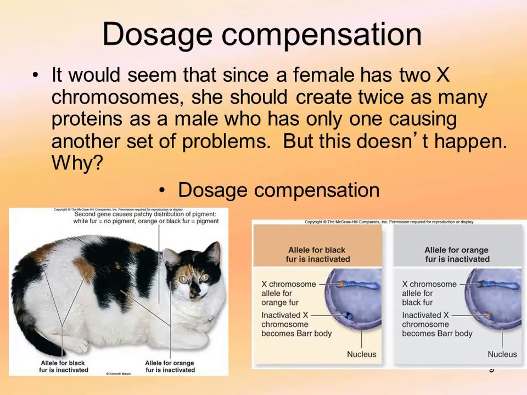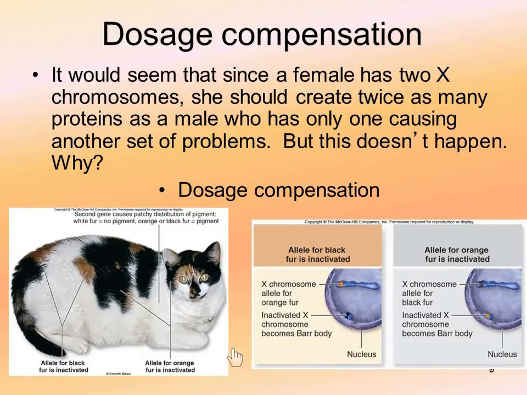So for example, if she's got dominant brown hair gene on either chromosome, it doesn't matter which one is turned off, she will still have dominant brown hair. If, however, she's heterozygous, which means she's got a dominant brown gene on one chromosome and a recessive blonde gene on the other, it will make a distinct difference which trait is expressed depending on which X has been randomly inactivated.